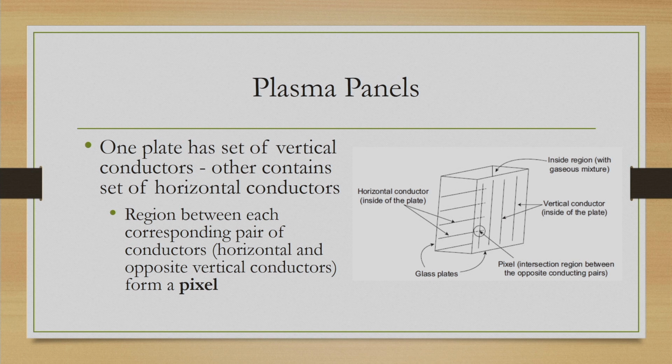As shown in this figure, one plate has a set of vertical conductors, whereas the other contains a set of horizontal conductors. The region between each corresponding pair of horizontal and vertical conductors is defined as a pixel, as shown here.